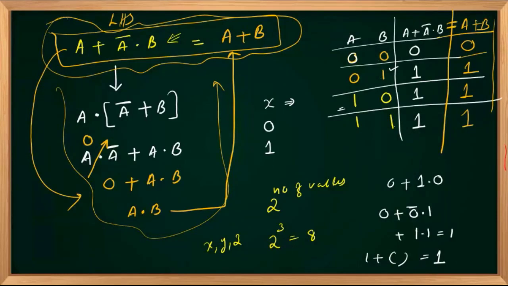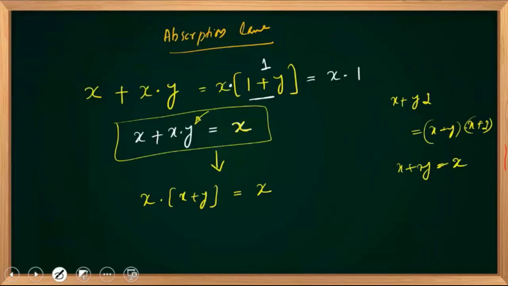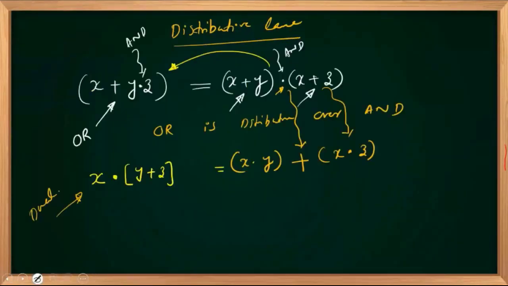A plus B dot A plus C equal to A plus BC.